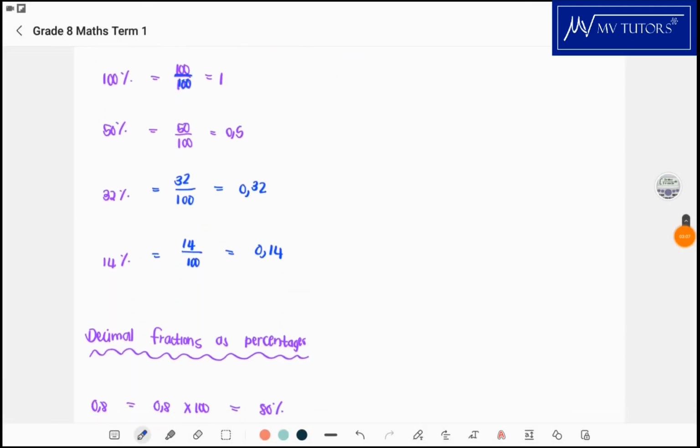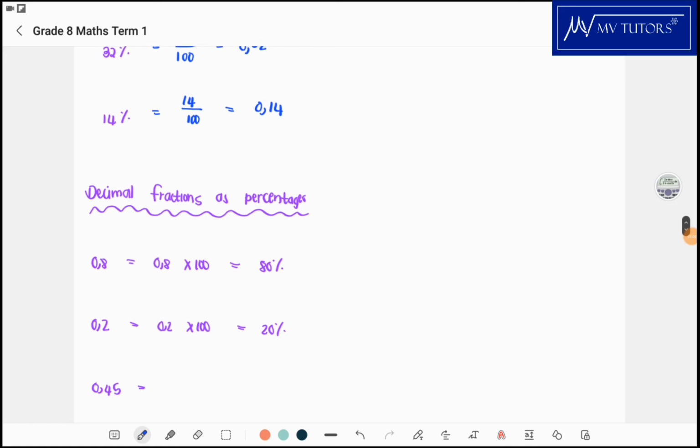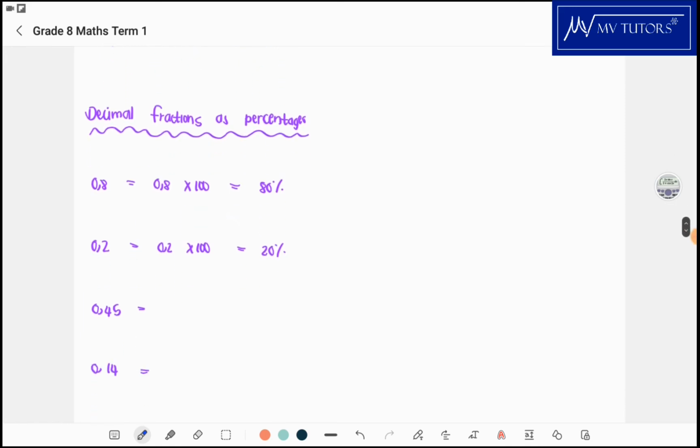Now, how about we take our decimal fractions and put them as percentages? So now we're just doing the inverse. If you have 0,8, you're going to take that 0,8 as a decimal. 0,8 is the same as 8 over 10 actually. And you're going to multiply it by 100 in order to get a percentage.